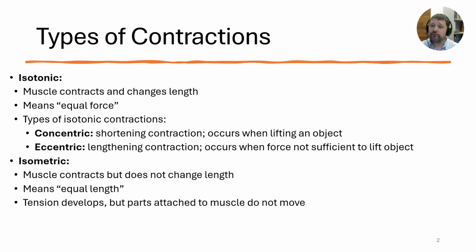So if you flex your muscle but don't move your arm, you're just flexing your bicep, you're doing an isometric contraction. There's no movement of the fibers, they're the same equal length. Iso meaning equal again, metric meaning measurement, so equal length. There's no shortening or lengthening of the contraction.